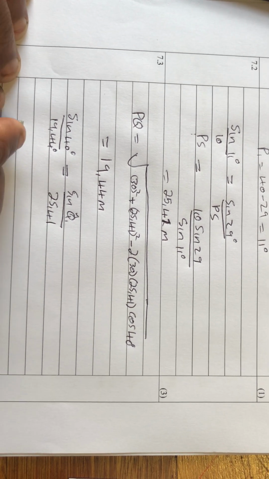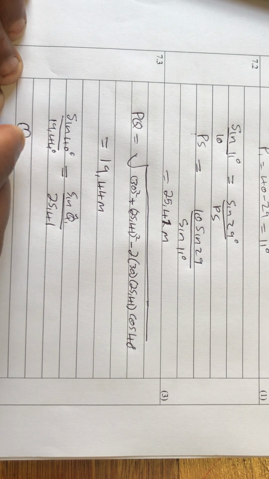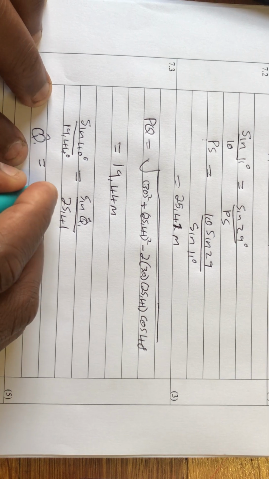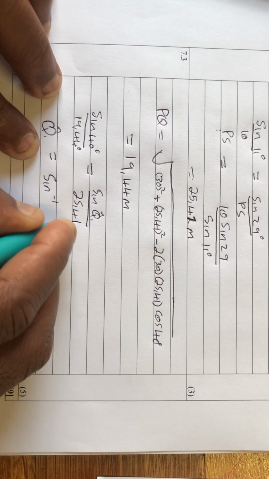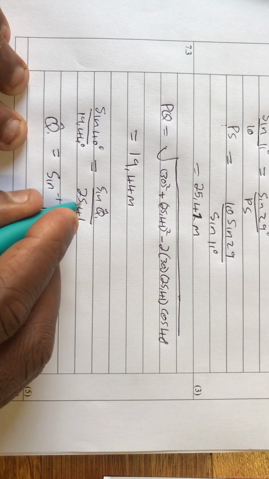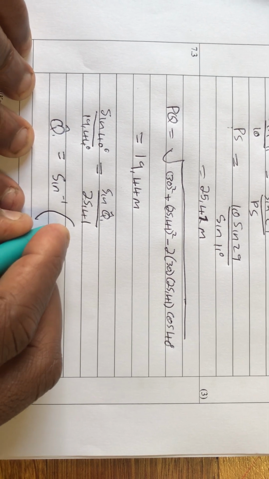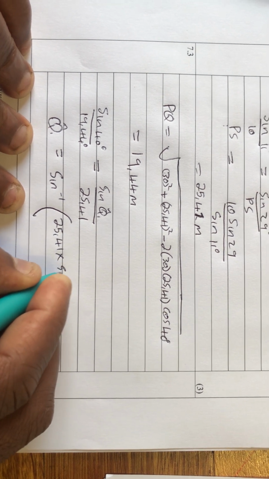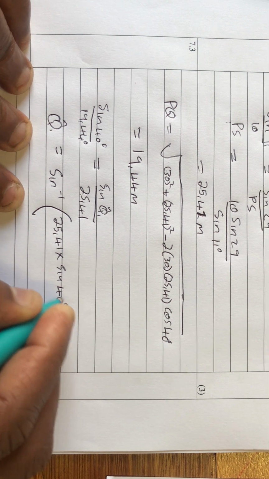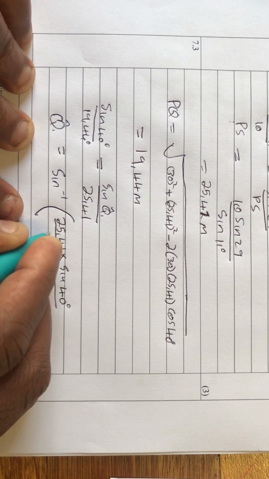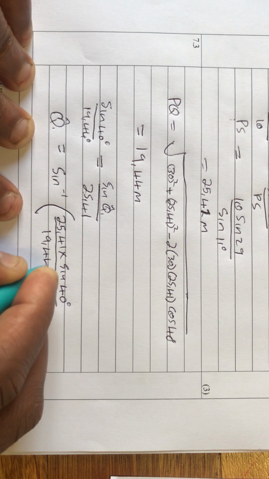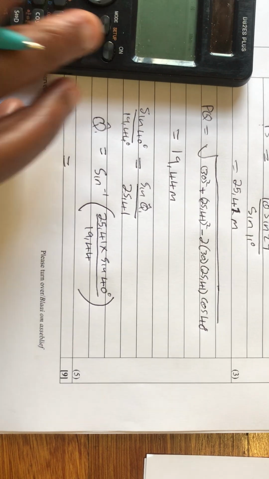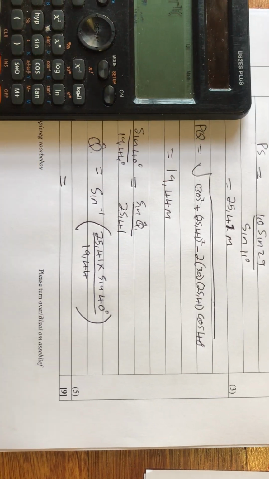Therefore our angle Q1 will be equal to arc sine of 25,41 multiplied by the sin of 40 degrees divided by 19,44.